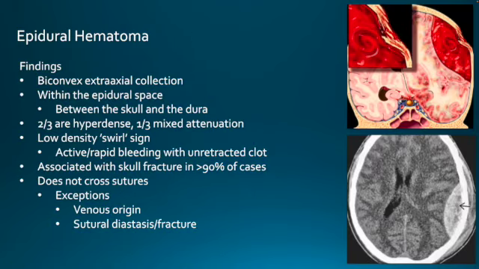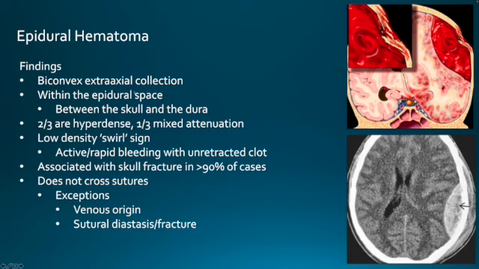In this sense, I just want to qualify here that we're talking about the classic arterial epidural hematoma. There are several classifications of other types of epidural hematomas that we probably won't get into in this short lecture series, but these are the classic biconvex extraaxial hemorrhages that are seen in a clinical setting of trauma.